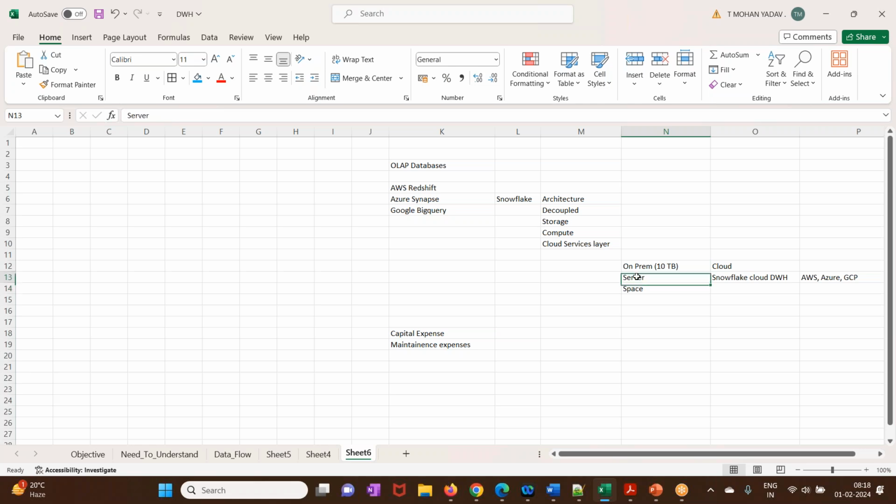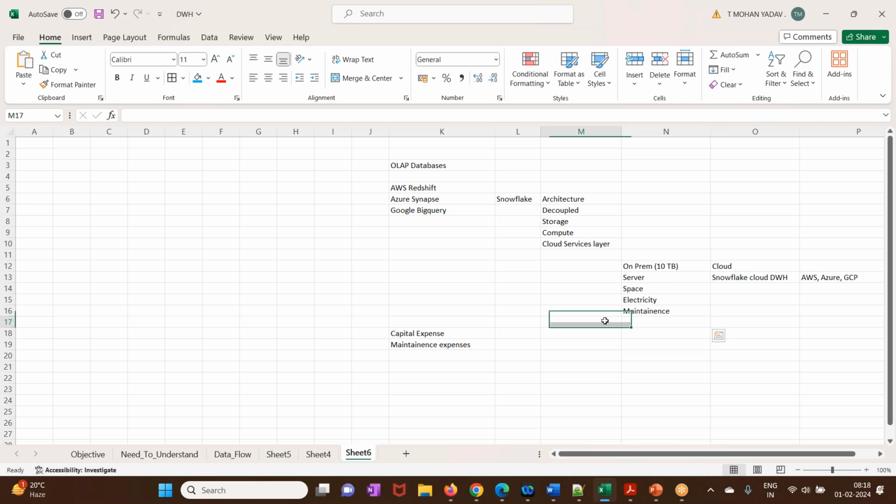Then we have the servers there. This is nothing but a capital cost: buying the space, the servers, and everything. Electricity and maintenance all come under the maintenance cost. When you build an on-prem server, these are the costs we are going to incur.